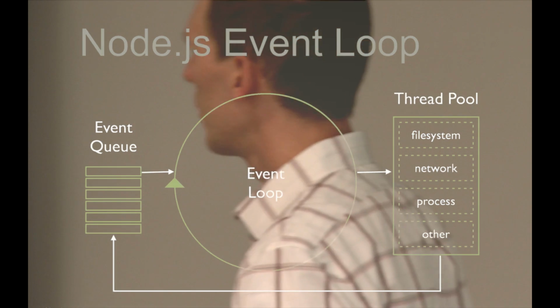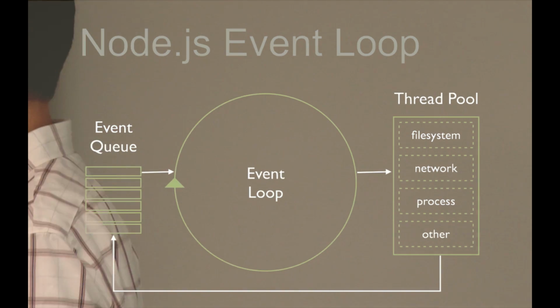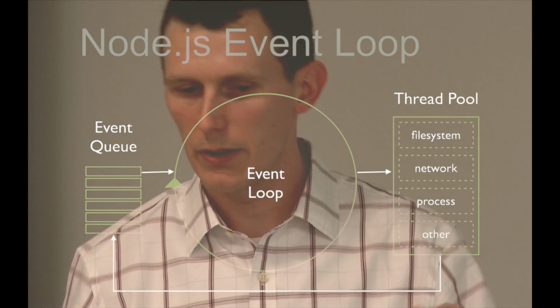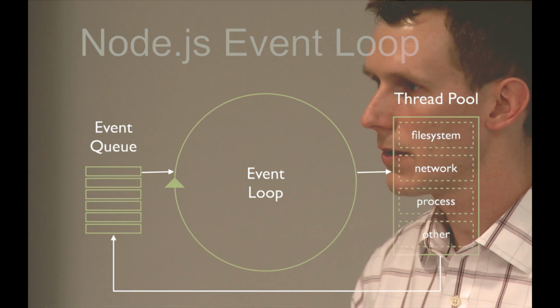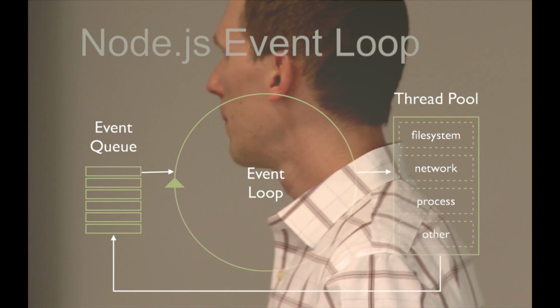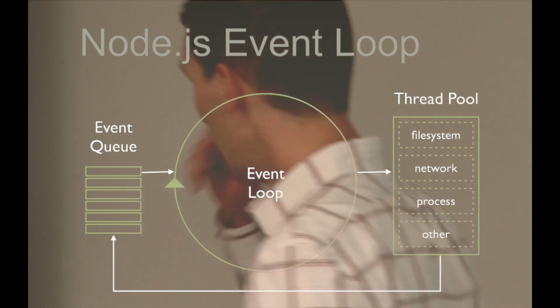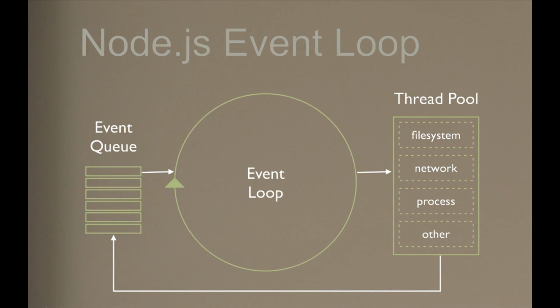So if we're talking about Node.js, here's the conceptual model. You have an event queue, which you can think of as code that needs to be executed, and a loop. In this event loop, when you start your program, you're going to have code sitting on the top of your event queue. The event loop's going to come around, grab something off the top of that queue, and execute it.